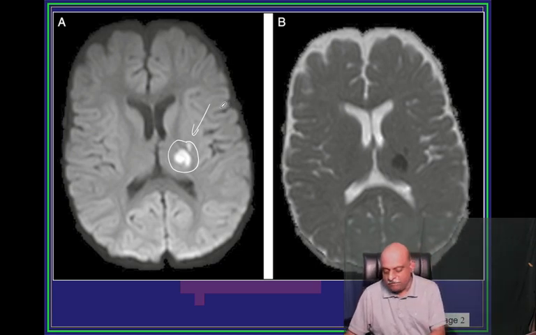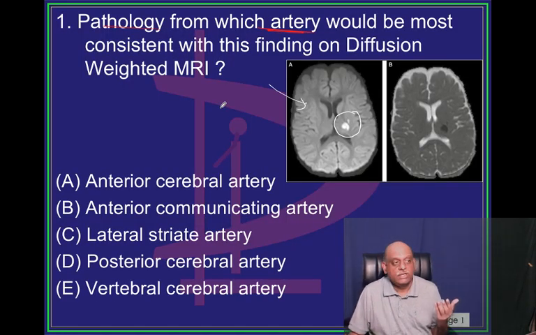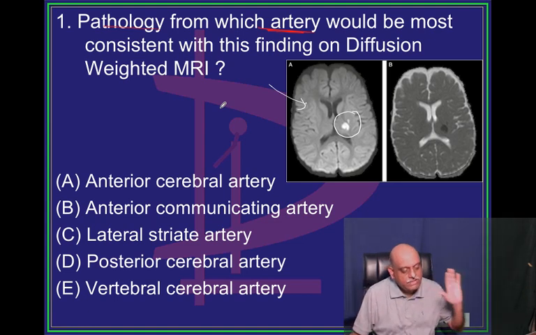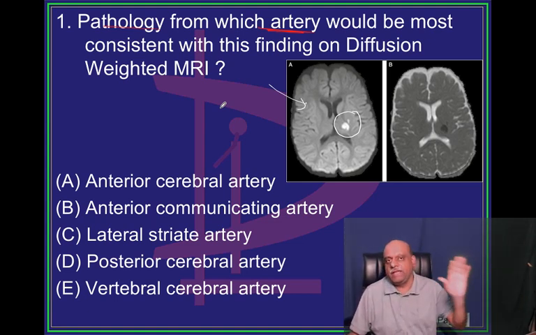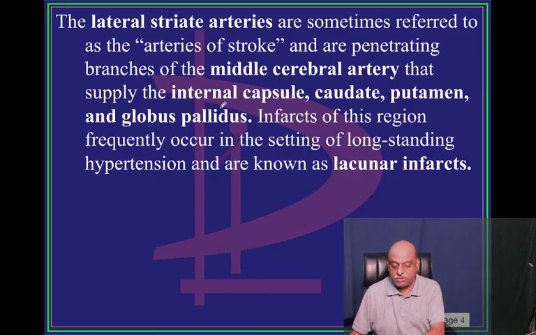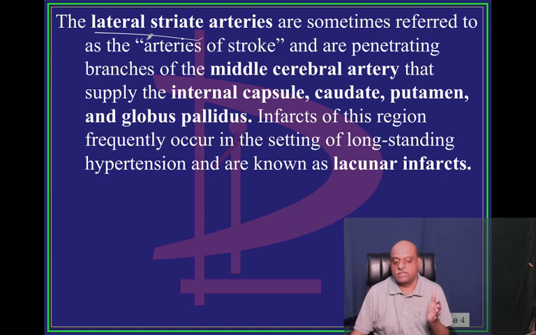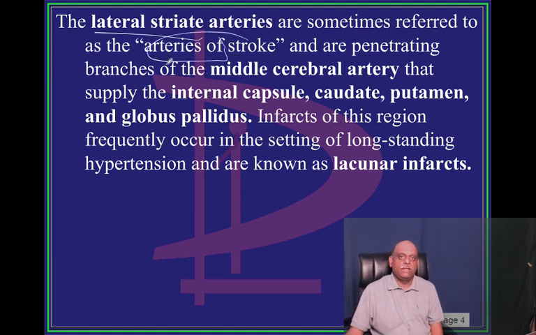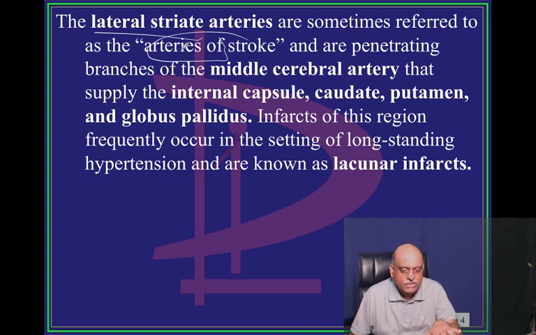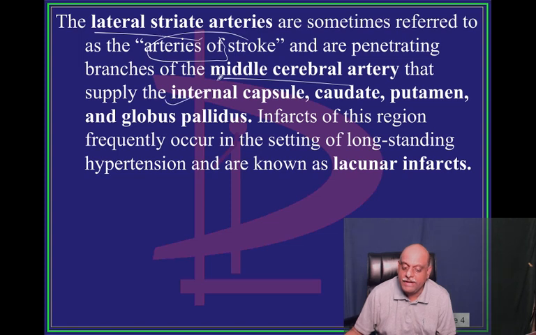Now the examiner's simple straightforward question is, which blood vessel supplies the basal ganglia? You should be very sure about it. The lateral striate arteries, sometimes called arteries of stroke. They are the penetrating branches of the middle cerebral artery that supply the internal capsule, caudate, putamen, globus pallidus.